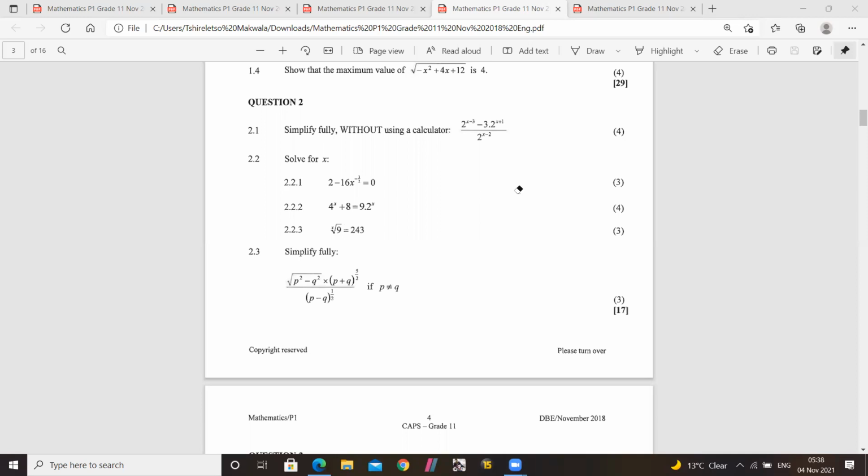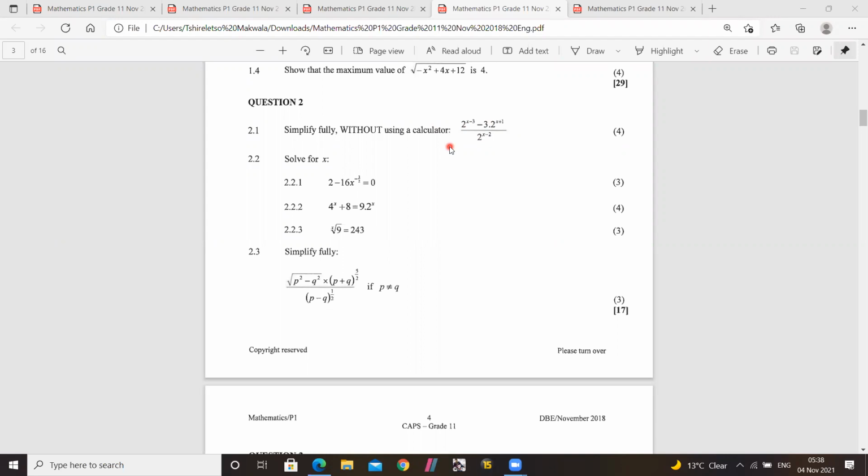Especially when it says simplify, so it's not solve for x, it's a simplify question, the first thing you do is check if you have a plus or a minus. That's important, because if you have a plus or a minus, then you cannot use the laws of exponents unless you have one term.